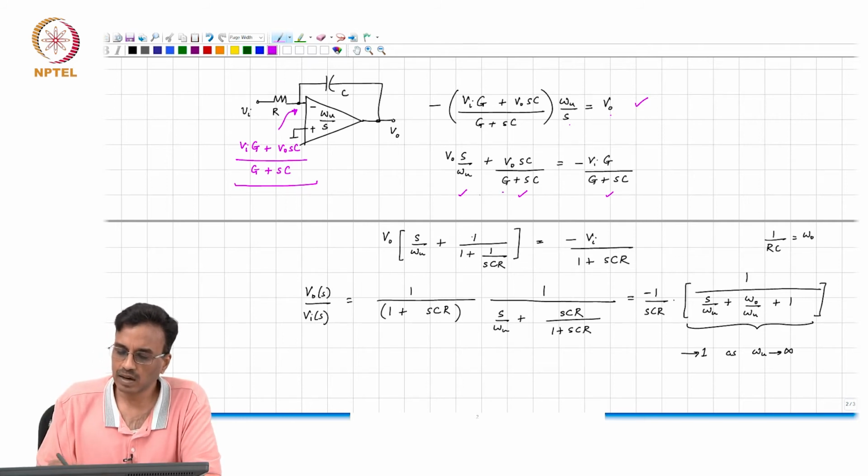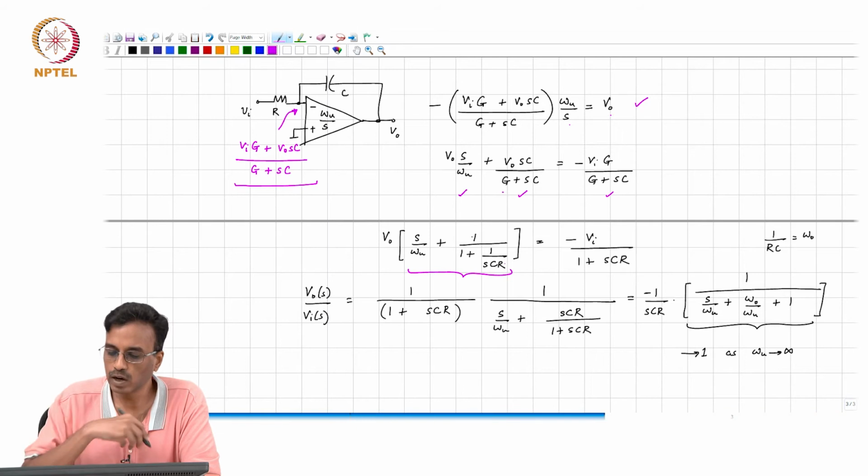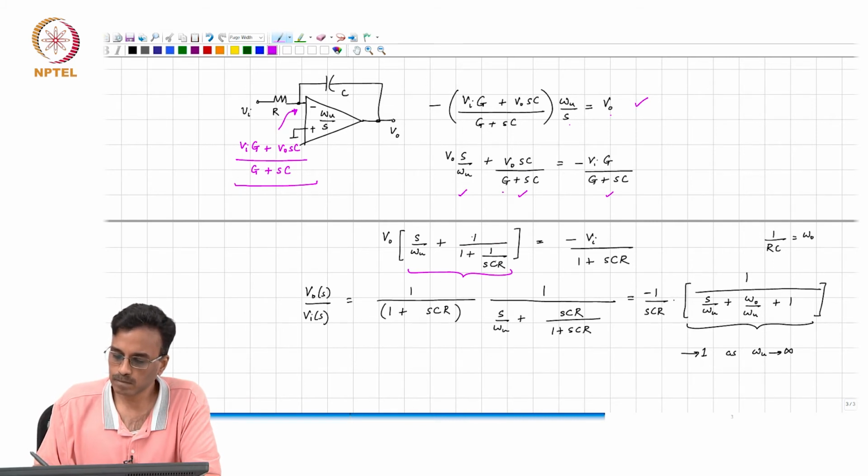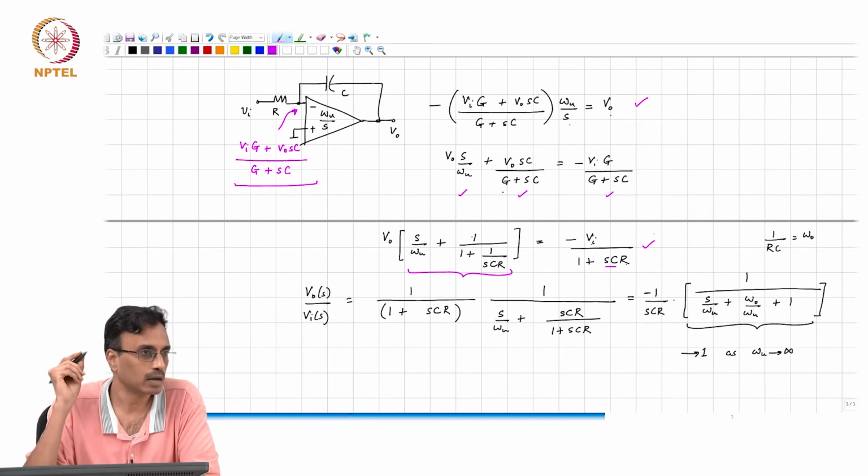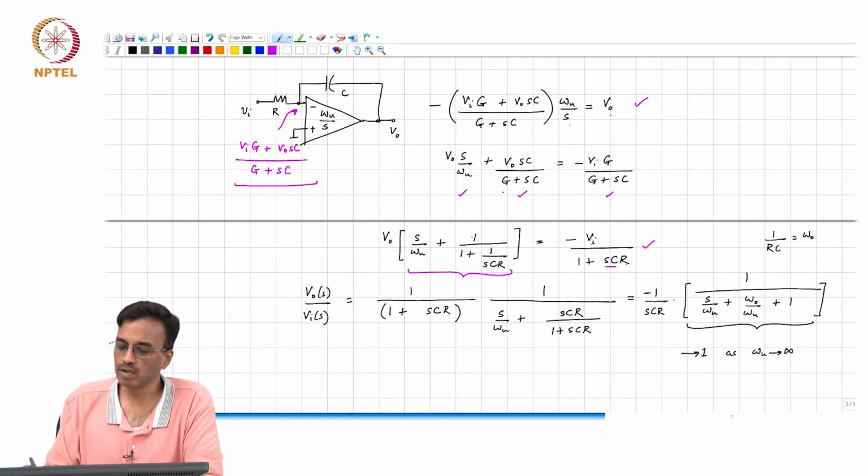Now I group these terms, which is S over omega u plus 1 over 1 plus G by Sc, which is nothing but 1 over SCR, correct? And this is minus Vi over 1 plus SCR. So this is also okay.